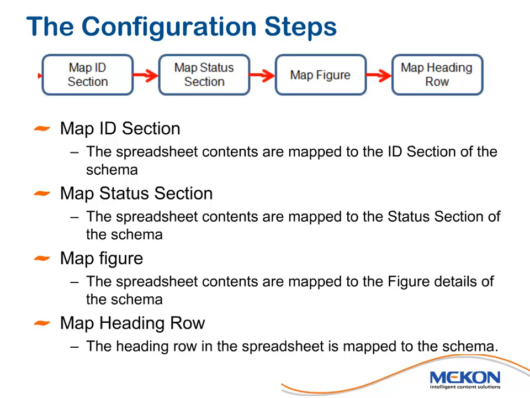And because it's an IPD, you'll have the ability to include in the spreadsheet information for the figure, things like the title and the file name. And of course you need to identify where the heading row is going to start. The heading row will contain heading titles, and that will be used to map across to the IPD.